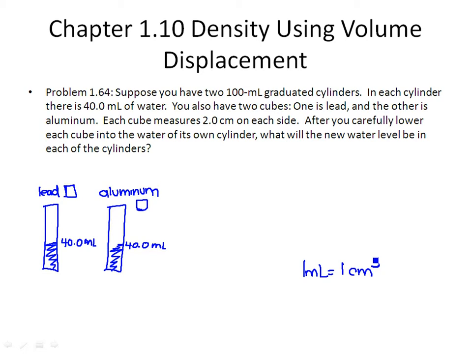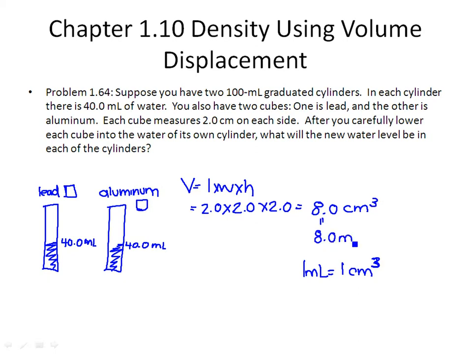If each side is 2, then we can come up with its volume. Remember, volume is equal to length times width times height. So 2 times 2 times 2 gives us 8 centimeters cubed, and this is equal to 8 milliliters.